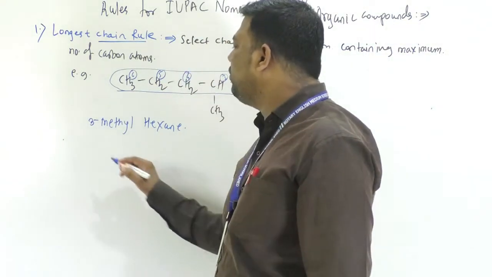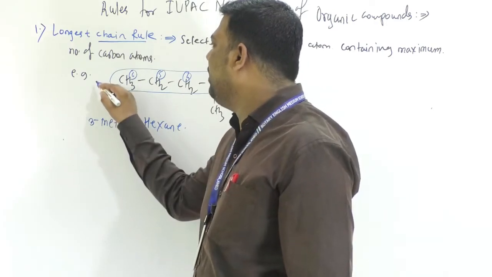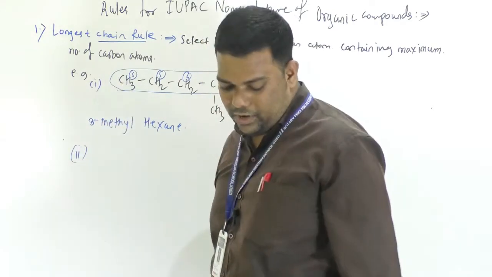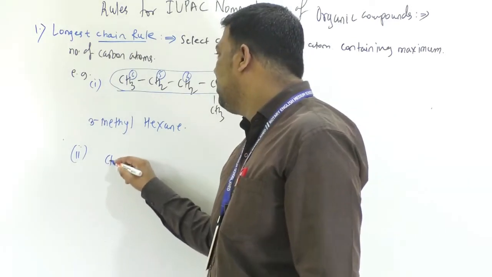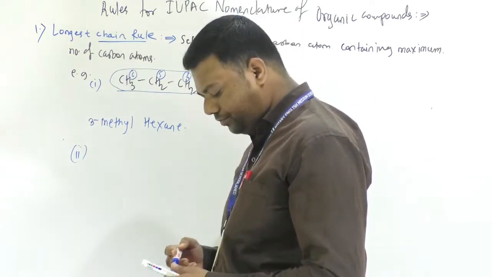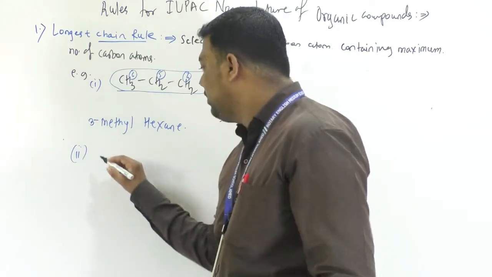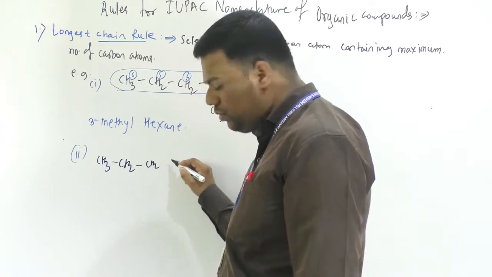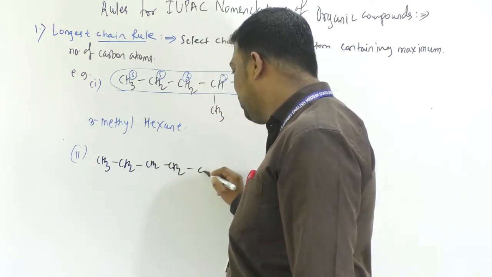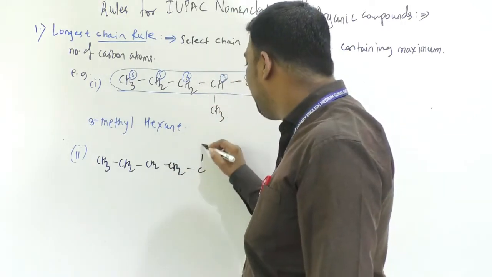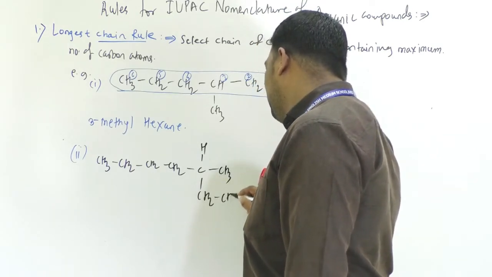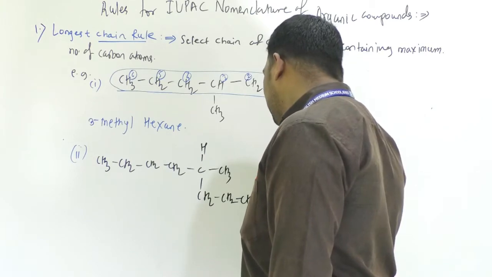Suppose we will discuss another example. Suppose these are your first and second, we will discuss here. CH3, CH2, CH2, CH2, then here CH3, then here CH2, CH2 and CH3.